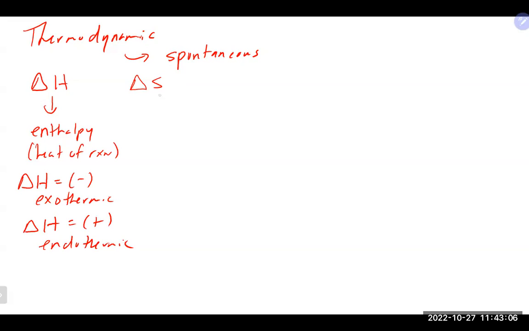Delta S, on the other hand, is the entropy. It measures the disorder that's happening. When we have a change in entropy, if the amount of disorder is increasing, delta S becomes more positive. So if the amount of disorder increases, delta S will be a positive number.